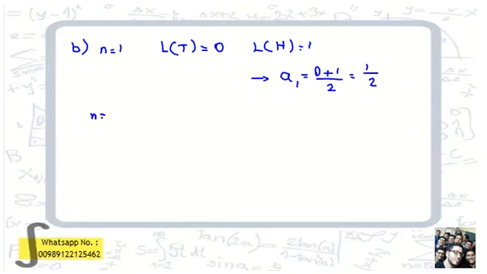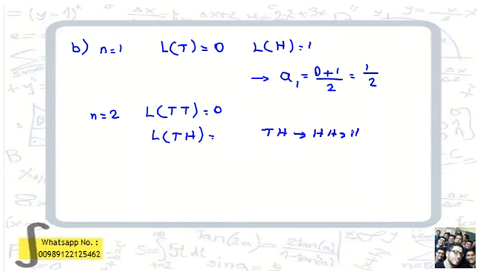Now let's consider when n equals 2. So L of TT equals 0. L of TH: let's see, TH changes to HH, changes to HT, changes to TT. 1, 2, 3.